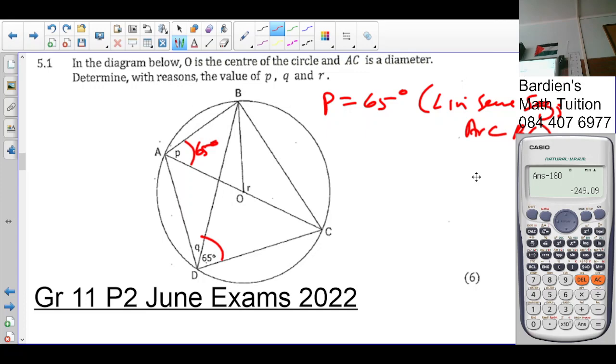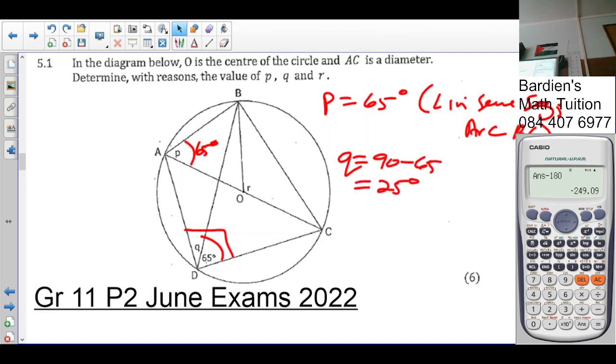Then PQ, as I've indicated, that of course is 90 degrees. So Q is equal to 90 minus 65 degrees, which is 25 degrees. Why? Angle in semicircle, in half a circle there.